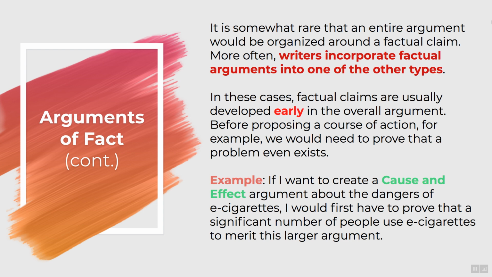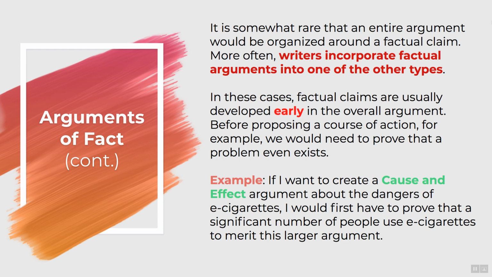So, an example is that if we're trying to make an argument about increasing funding for mental health training in schools, let's say we want the superintendent or the Board of Education to invest in more school psychologists. We would need to make a factual argument early in the piece that shows there's a real problem in our school with mental health.